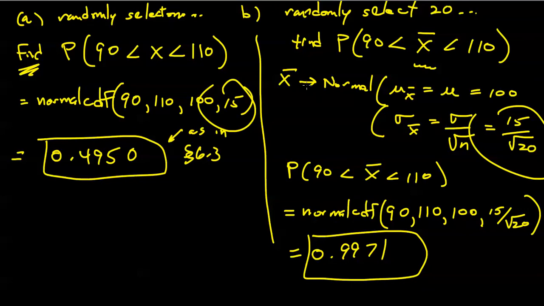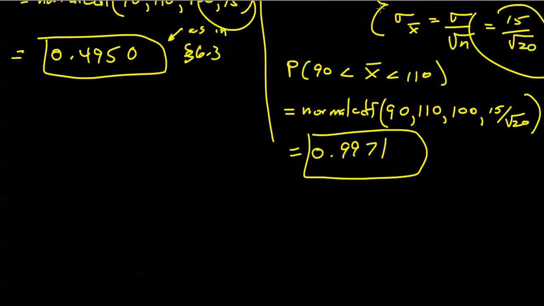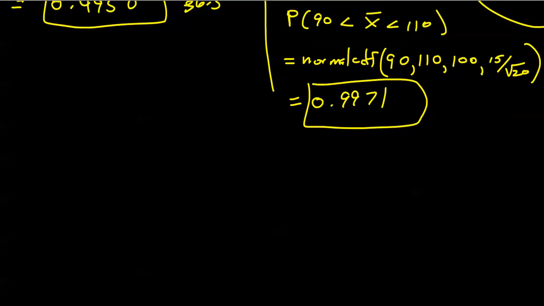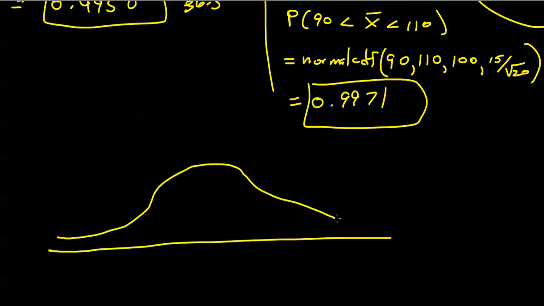Now consider this: you're talking about being between 90 and 110, and that is a surrounding neighborhood of the population mean of 100. So I can illustrate this graphically. If I look at my X distribution of IQ scores, it might look something like this. The mean is 100, and this is my distribution for original IQ score values.